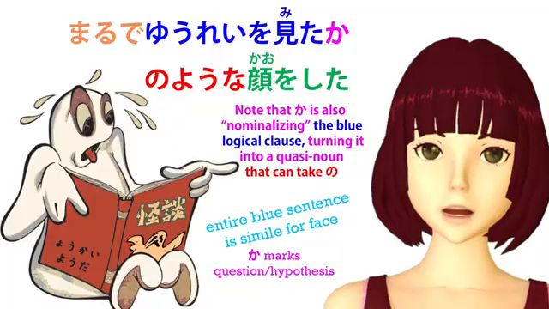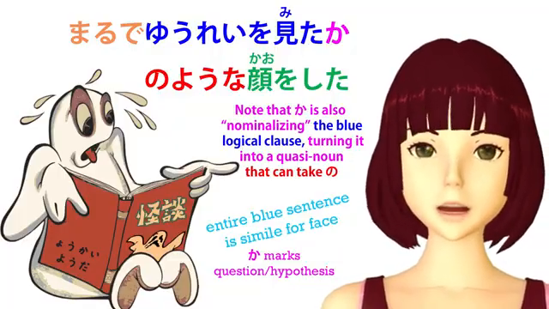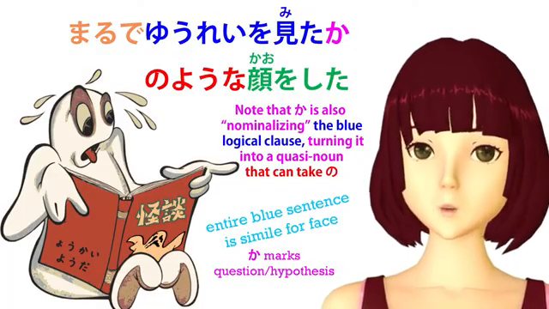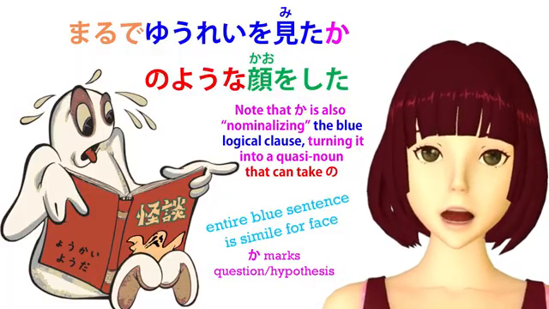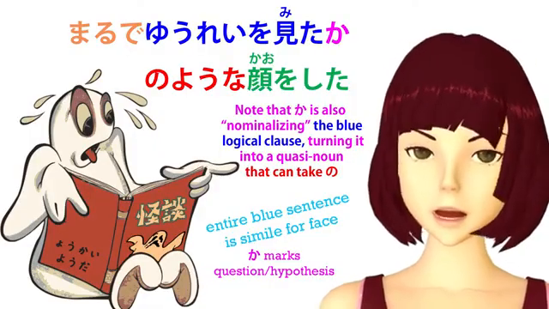We're not saying that the person has seen a ghost. We're only saying that she had a face as if she had seen a ghost, or we're marking the proposition that she'd seen a ghost as a question and then continuing to comment on it.